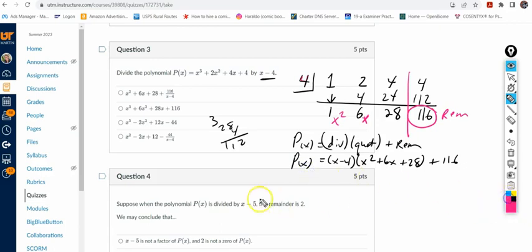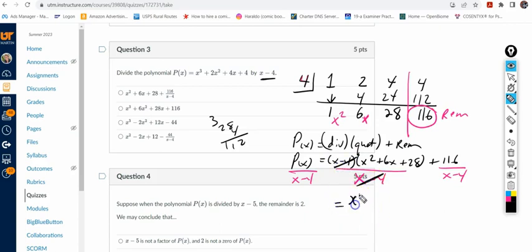So there's a second way that you can do that, and this was done in one of the videos. You're taking p of x and you're dividing it by x minus 4. So I'm going to divide every term over here by x minus 4. And as you can see here, because we've got multiplication in the numerator, the x minus 4's cancel.